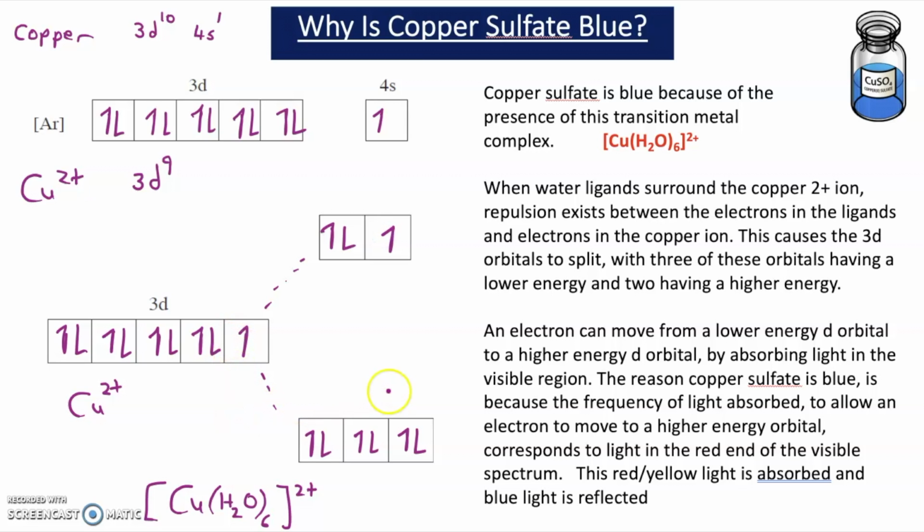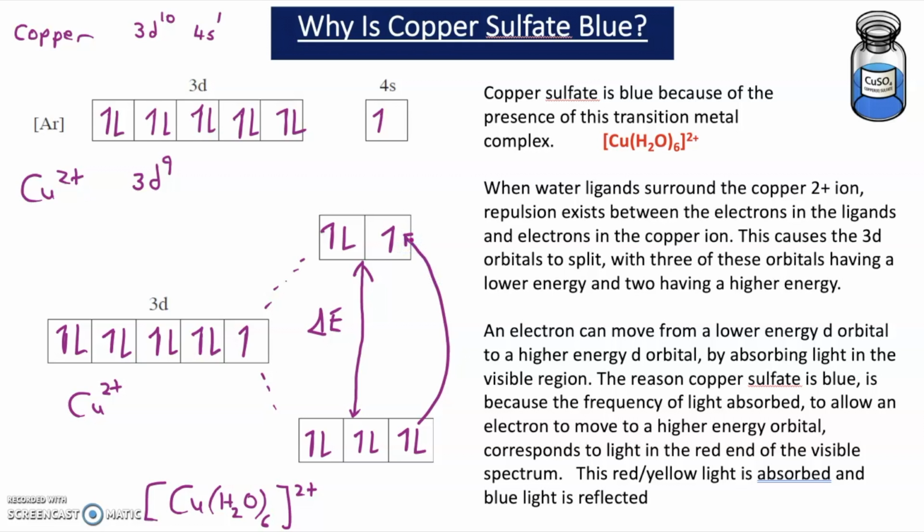When water molecules approach the copper 2+ ion, there is repulsion, and this leads to a splitting of the d levels, with 3 d orbitals having lower energy and 2 d orbitals having higher energy. The difference between these d levels in terms of energy is described as delta E.